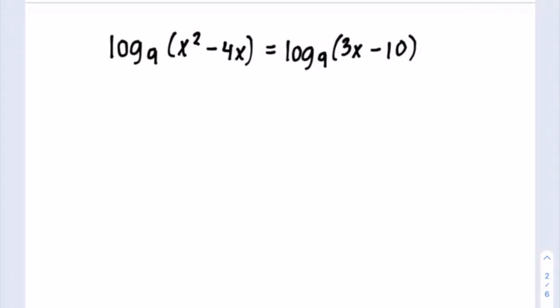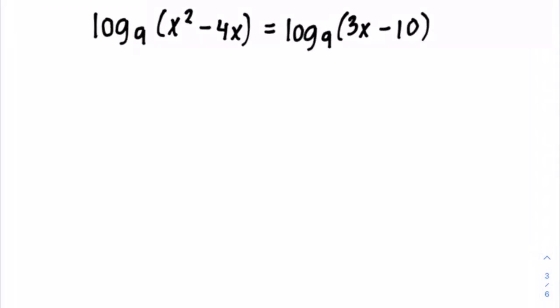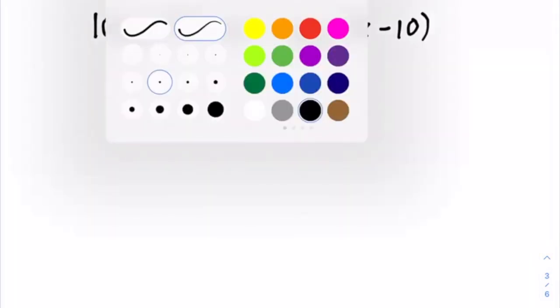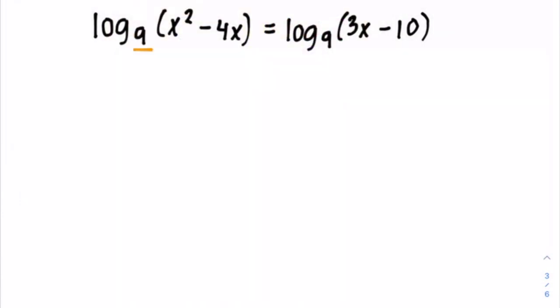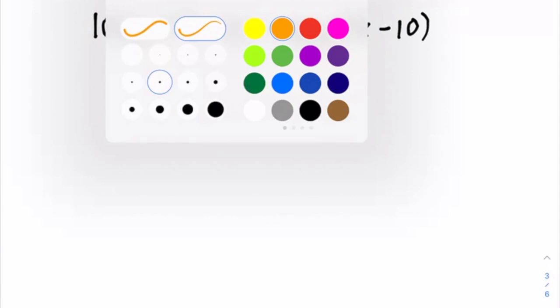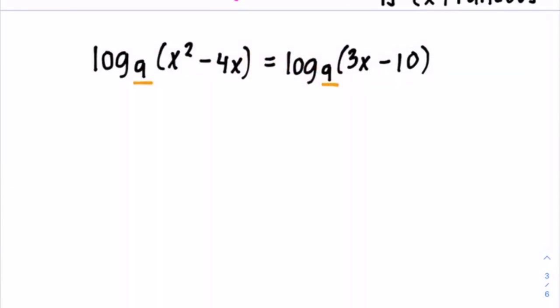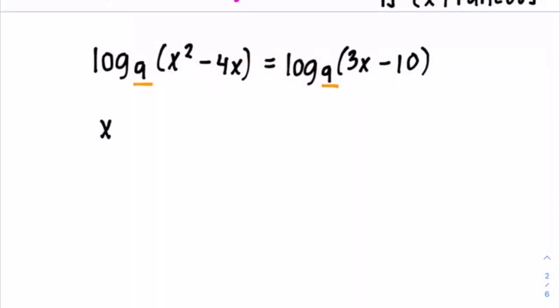Let's look at another example. Log base 9 of x squared minus 4x equals log base 9 of 3x minus 10. We have a base of 9 on both sides, so we can set x squared minus 4x equal to 3x minus 10.